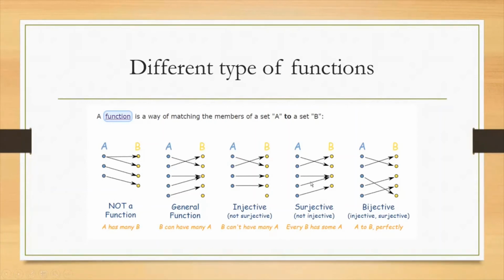So next we move to what we mean by onto function. Consider our one-one function, the third one. There is some point in capital B that is remaining, right? It is alone, or it is not the image of any point in capital A. So such functions are not onto.